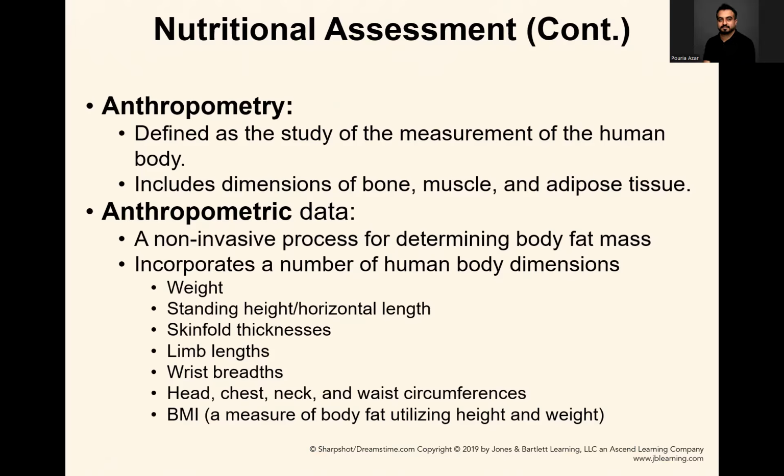We have limb length, and we have other measures. But BMI is one of the well-known and most commonly used anthropometric data. And anthropometric data is a non-invasive way of measuring human body components. Because measuring weight or measuring height is of course non-invasive.